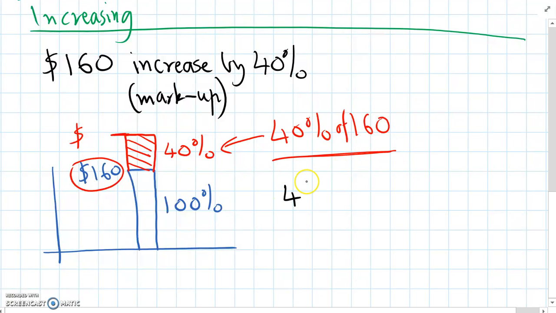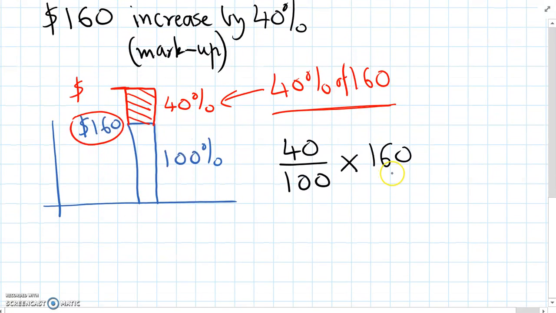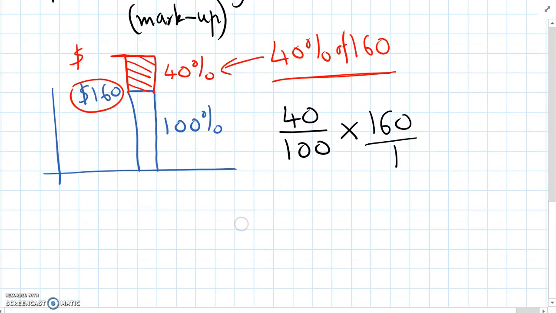So 40% of 160, we want to make our percentage into a fraction, and then of is the same as multiply. So 40% of 160, and a whole number we make as a fraction over 1, and we simplify wherever we can. So we'll divide by 10, actually by 20 for each of these.